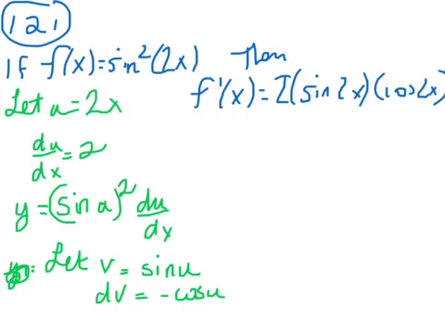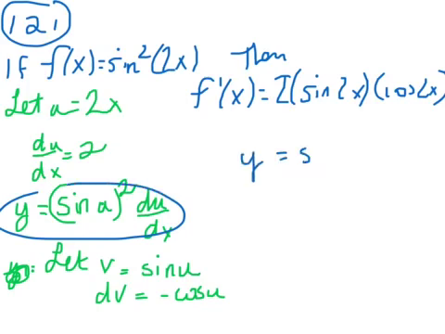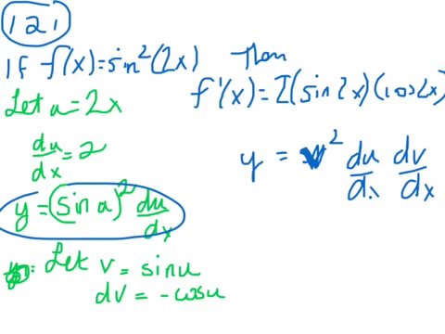So here's the deal. I kind of got to use the chain rule twice. If I back up, let's start from here, okay? If I've let y equal sine u, we call that v. That's going to be v squared. I need to multiply it by du dx, but because I've got a new variable, I also need to multiply it by dv dx, because I just kind of got to keep going. I can keep up with all this and do it all at one time. Alright, I rewrote it. Now let's take the derivative.